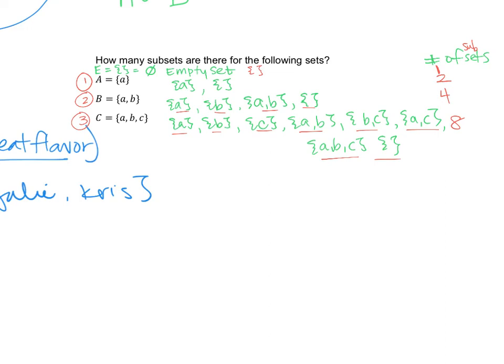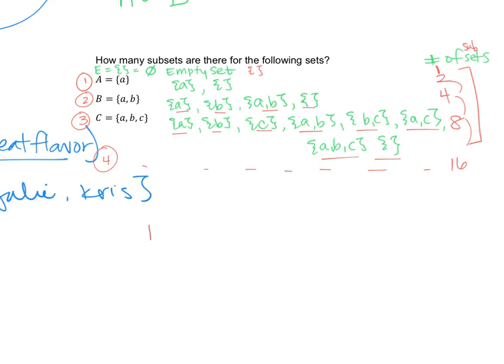What do you think might happen next? Using inductive reasoning, I'm going to guess 16. It looks like it's doubling every time. So then if there's going to be 4 elements, we're guessing that there will be 16 subsets. And you could write them all out if you'd like.